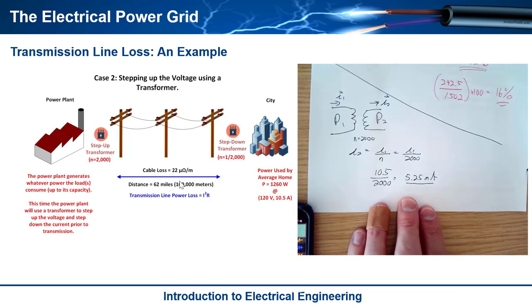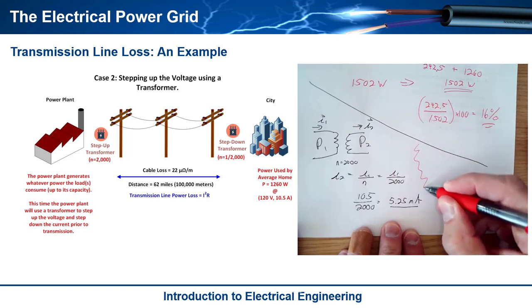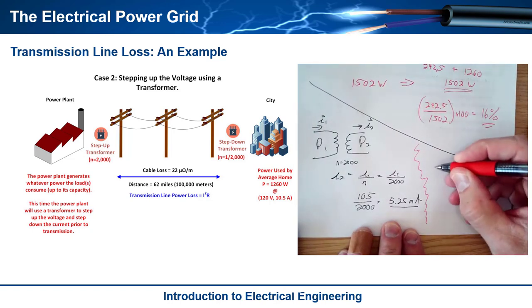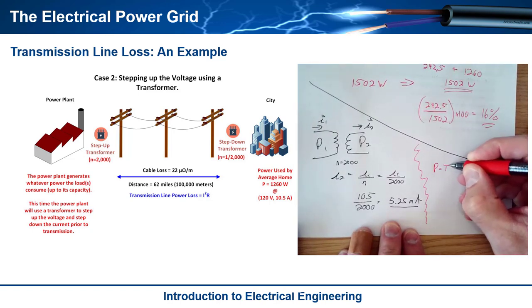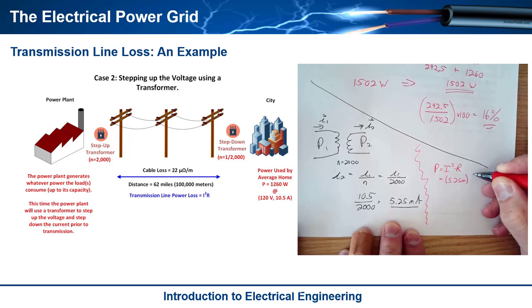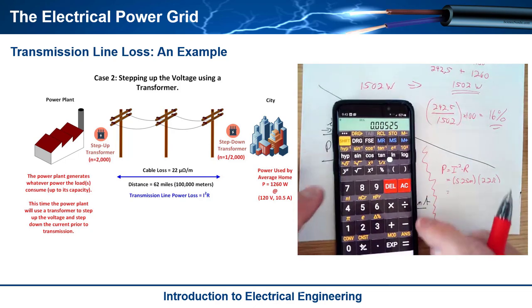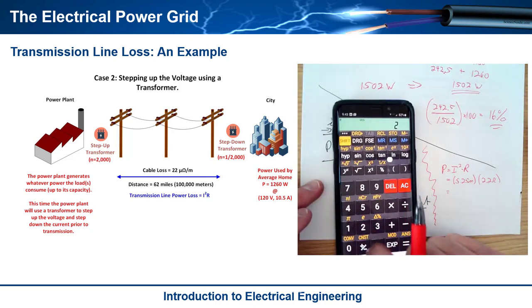So now let's look at this calculation of what this current is in terms of loss. We have power is equal to I squared R. This is the loss in that cable. Now I've got 5.25 milliamps times the original 2.2 ohms. I can take my current and square it times 2.2.